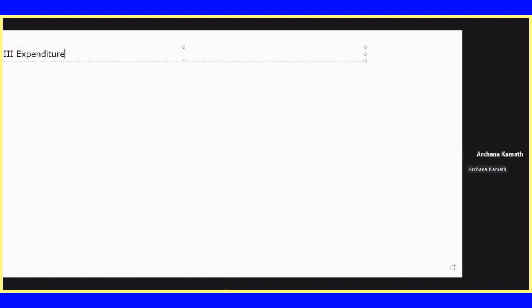The problem with this board is that I can't redo. Okay, in the expenditure method, I told you we have 4 sectors. One is the household sector, second is the business sector, then you have the government sector. If an economy has just 3 sectors, it's known as a closed economy.